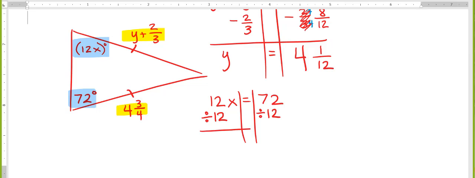So x will equal... Now you've got to go over to do 72 divided by 12. 12, 24, 36, 48, 60, 72. So what is that, 6? x equals 6.